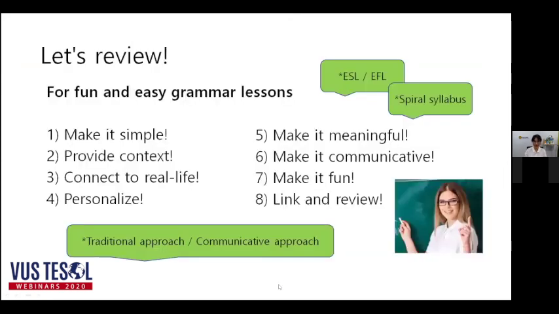Now, let's do another review. For fun and easy grammar lessons, I have some teaching tips for you. Make it simple, provide context, connect to real life, personalize, make it meaningful, make it communicative, make it fun, Linking Review. Maybe you can try some of these tips.